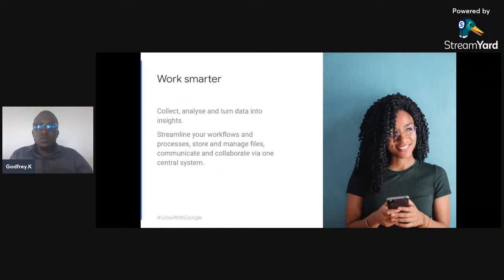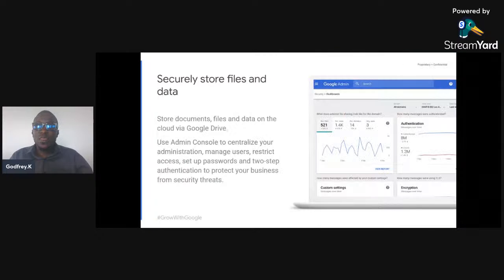Like I said, it's a whistleblower, and at times businesses need their own kind of whistleblowing. So I'll skip to the next slide that says securely store files and data. Store documents, files, and data in the cloud via Google Drive. Use admin console to centralize your administration.